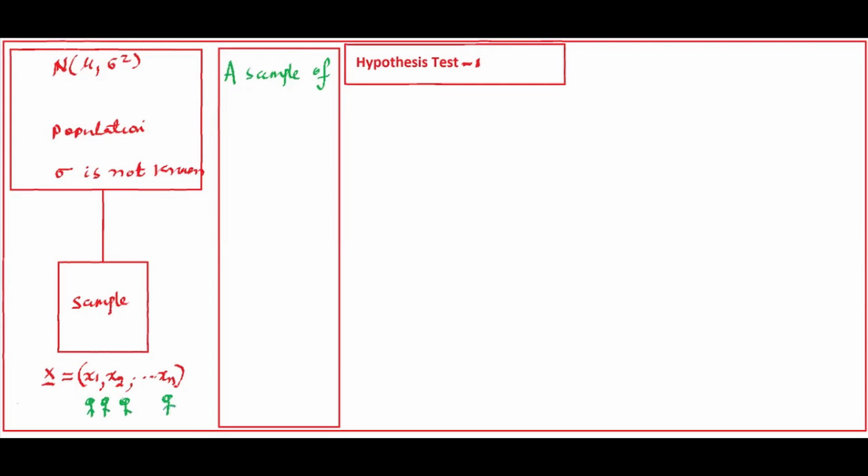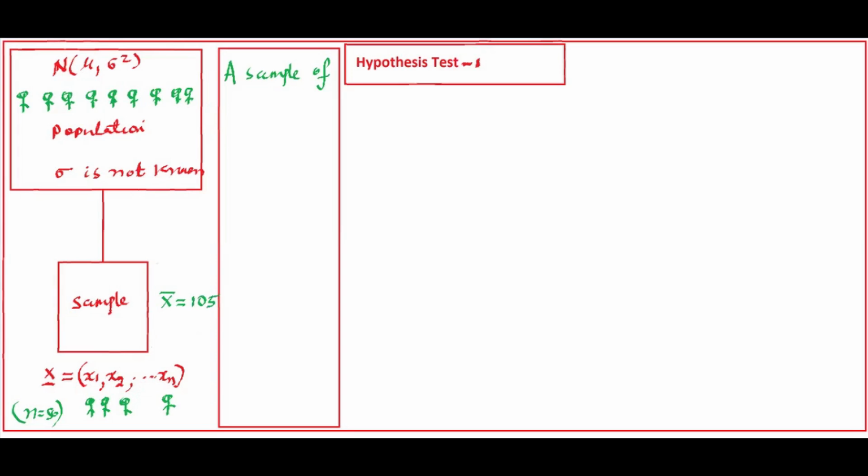You have checked their IQ. No time to check the IQ of each and every one. There are a lot of students here. If it's a small sample, they can give you individually also. And the mean IQ they found for 50 students was 105.